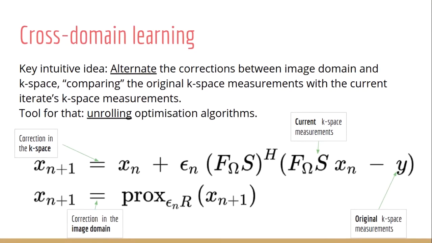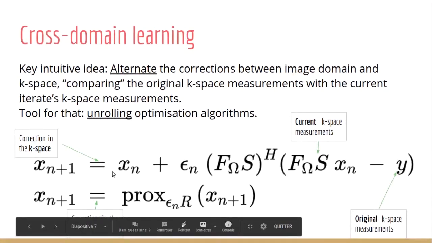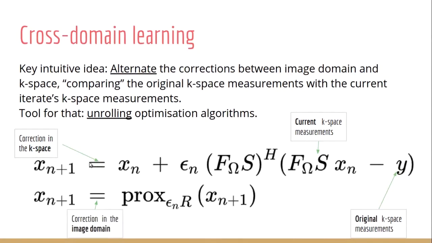So basically, when you want to learn all the things I've talked about, you're going to take an optimization algorithm, unroll it for a certain number of iterations, fix it, and then you're going to learn some parts of it. When you write an optimization algorithm, you're going to have two steps, as I said. First, you have the step corresponding to the data consistency gradient step.